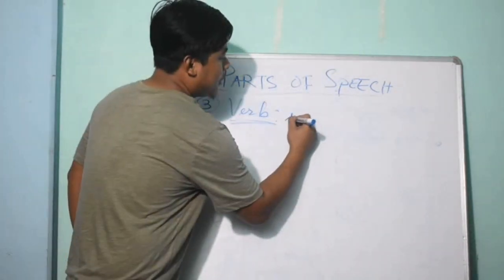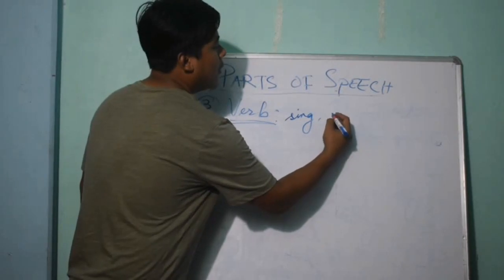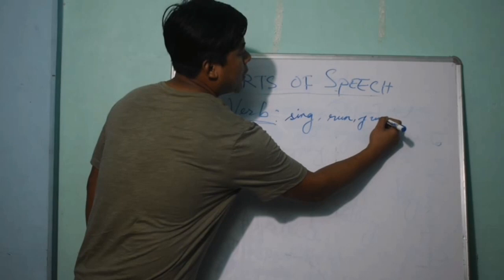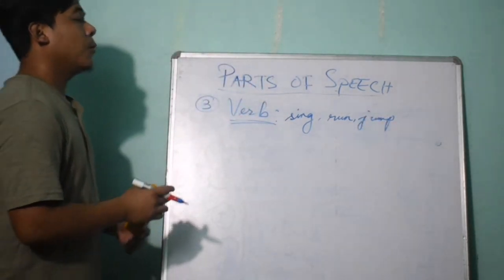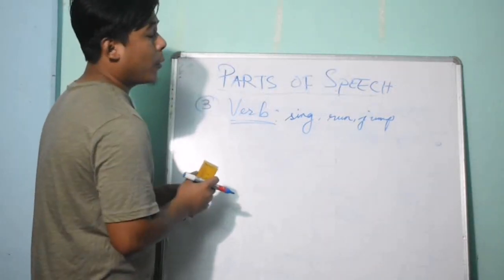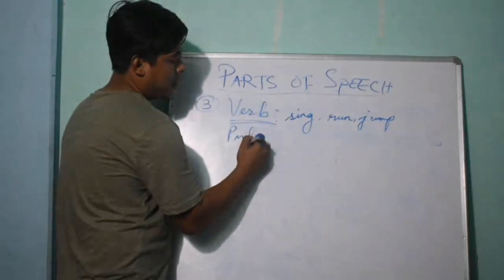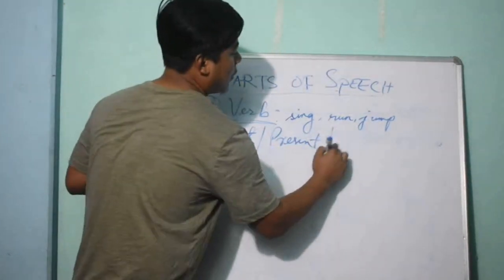It can be singing or sing simply, or run, jump. There are different forms of verbs that we will learn in the next classes or whenever it is convenient. Past, present, future.